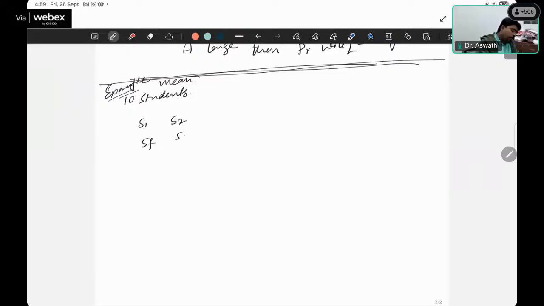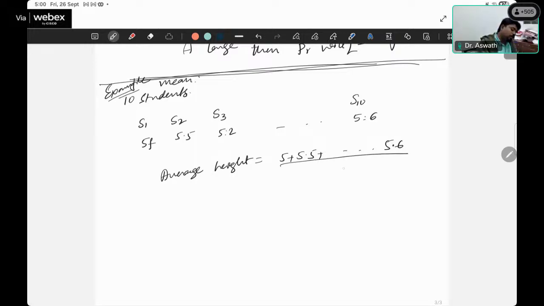Student 2 is 5.5. Student 3 is 5.2, and so on. Let's say student 10 is 5.6. Now, what is the average height? Average height is 5 plus 5.5 plus so on, up to 5.6, divided by 10. This is how I find the average height.